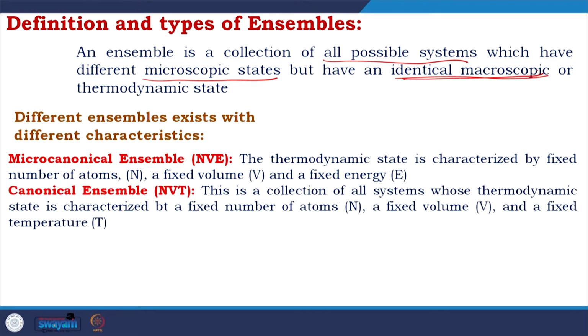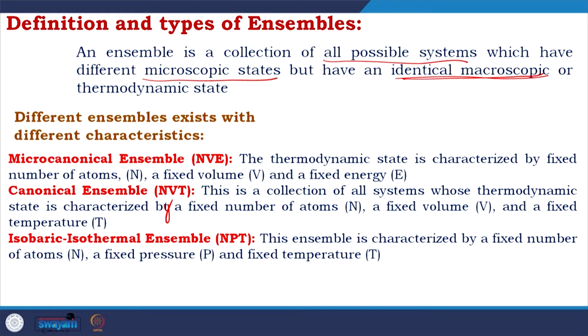Canonical ensemble, NVT. This is a collection of all systems whose thermodynamic state is characterized by a fixed number of atoms N, a fixed volume V, and a fixed temperature T. Isobaric and isothermal ensemble. Isobaric is pressure, thermal is T. So, NPT.